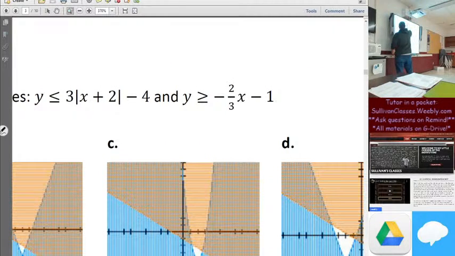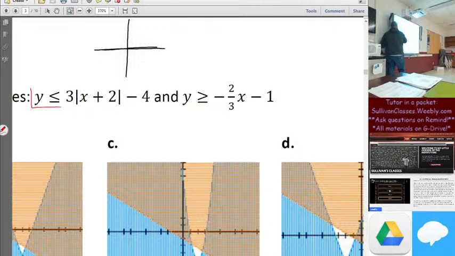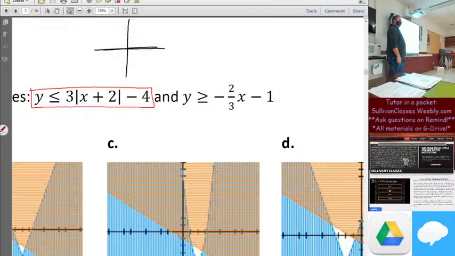Let's just get sketchy here. This one. Where's the vertex? Negative 2, negative 4, not backwards land. So back 2, down 4.